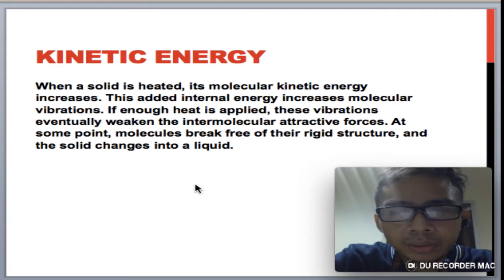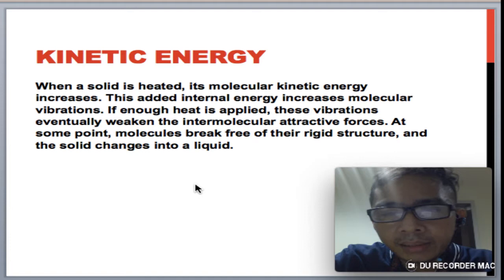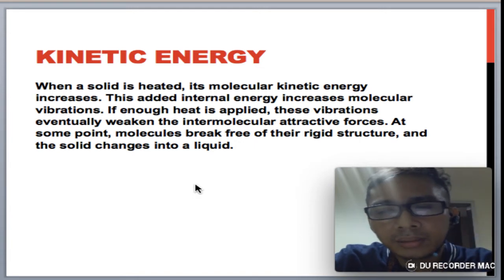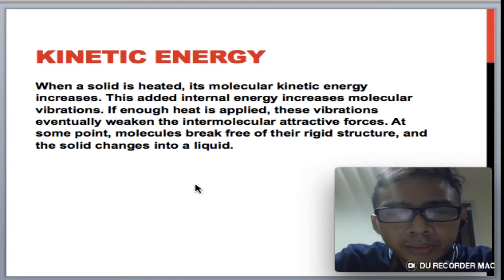This added internal energy increases molecular vibration. If enough heat is applied, these vibrations eventually weaken the intermolecular attractive forces. So at some point, molecules break free of their rigid structure and the solid changes into liquid.